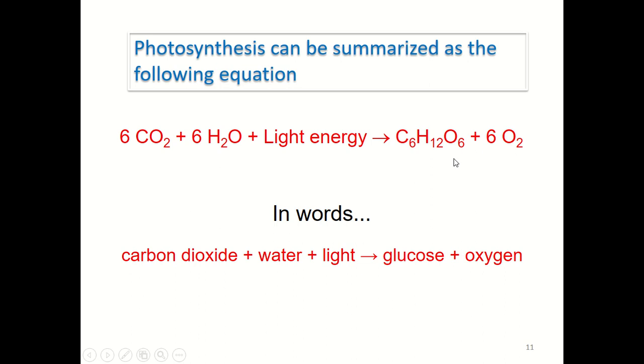Bear in mind, we actually have 12 molecules of water on this side and 6 molecules of water on that side, but for the simplified equation we remove 6 water molecules to balance it, and then we get this final equation.